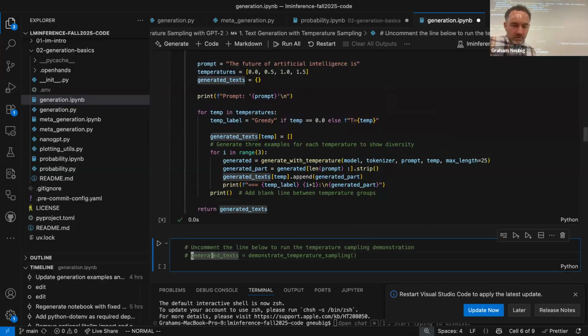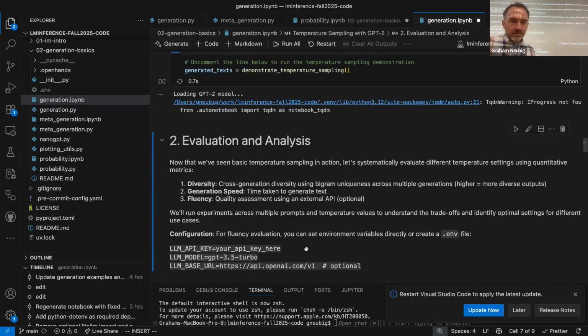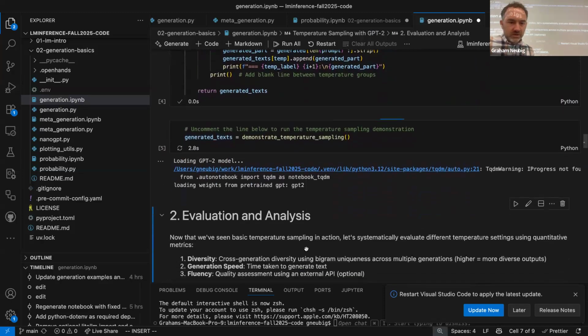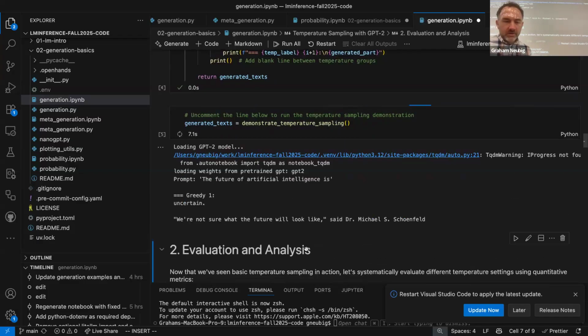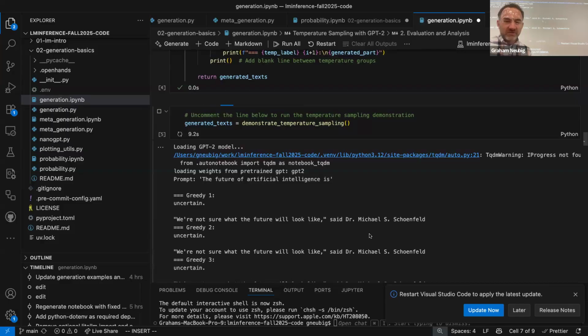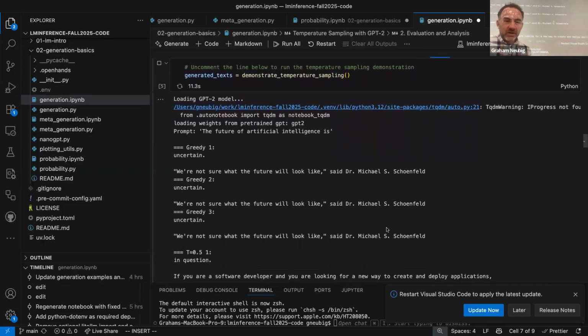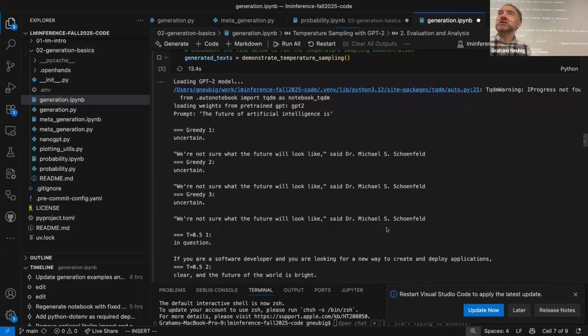So here are the texts, and I'm going to generate, based on the prompt "the future of artificial intelligence is", 3 outputs from each of these settings. So basically doing inference 3 times for each.